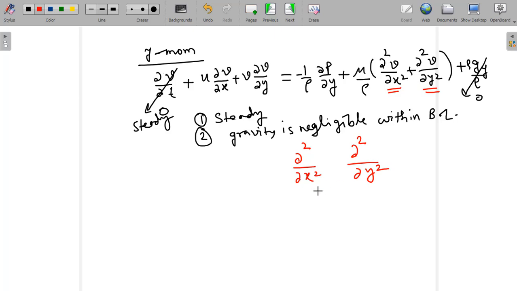Already in the boundary layer assumptions we have seen that, order of magnitude wise, ∂²/∂x² is something divided by L squared, and ∂²/∂y² is something divided by delta squared. Definitely delta squared is much less than L squared, so this quantity is much greater than the other. So always remember that ∂²/∂y² is much greater than ∂²/∂x².